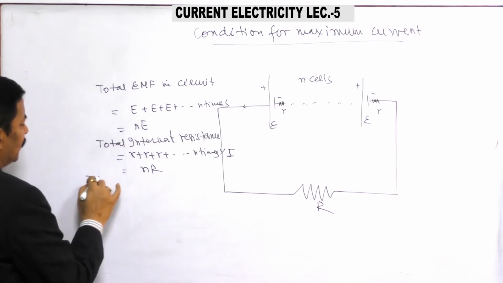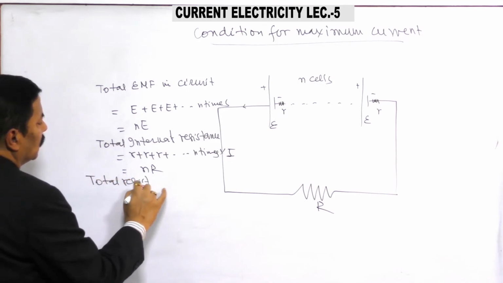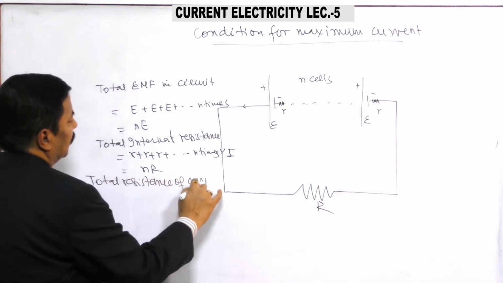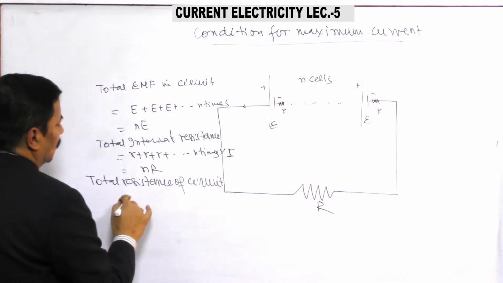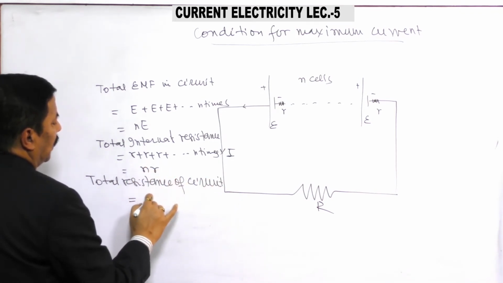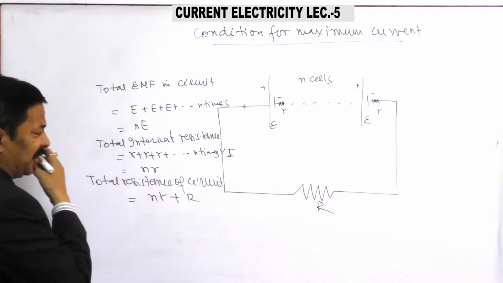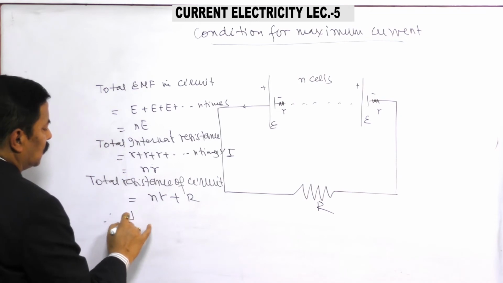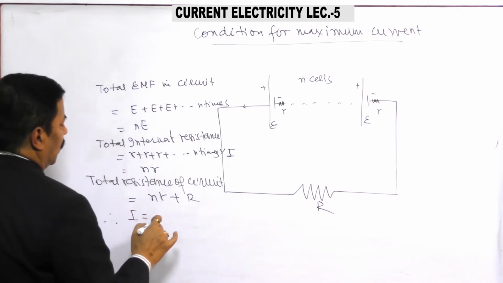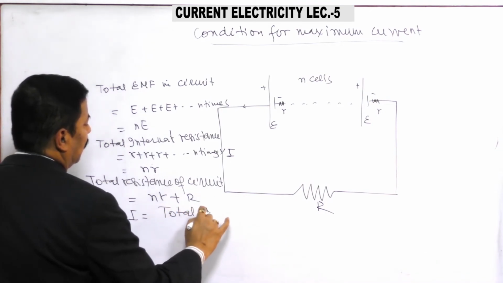Total resistance of the circuit is nr plus R. So current is equal to total EMF divided by total resistance.